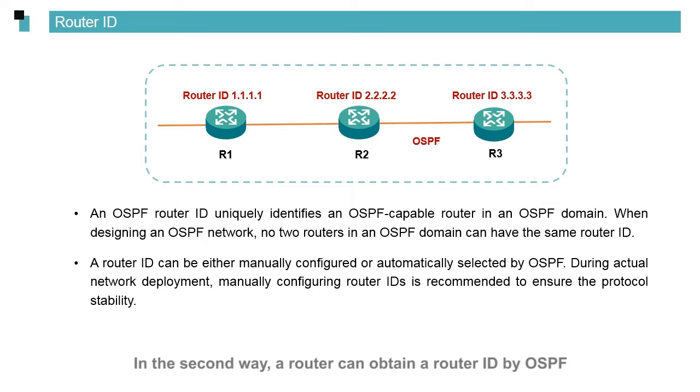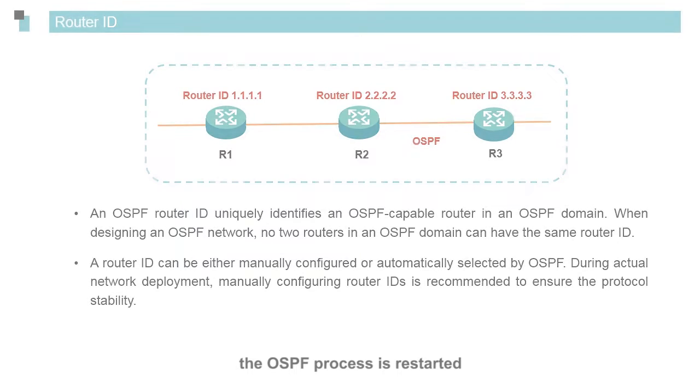In the second way, a router can obtain a router ID by OSPF. A router ID is not preempted. That is, after an OSPF process is started, irrespective of any changes in the interface IP address, the router ID will not change unless it is manually modified and the OSPF process is restarted.